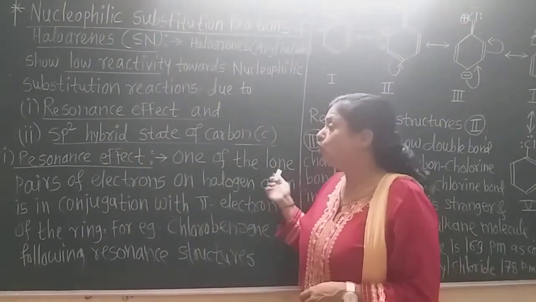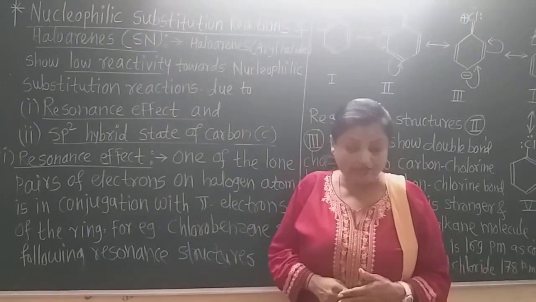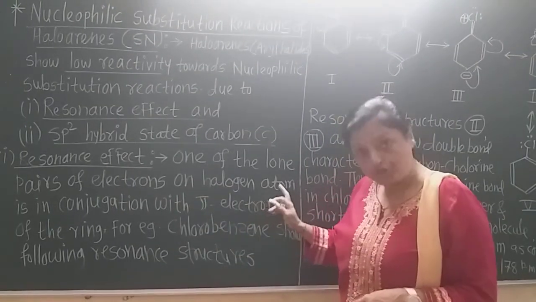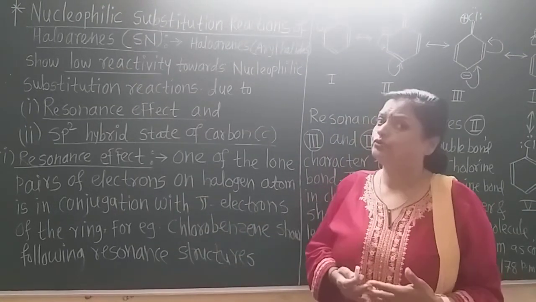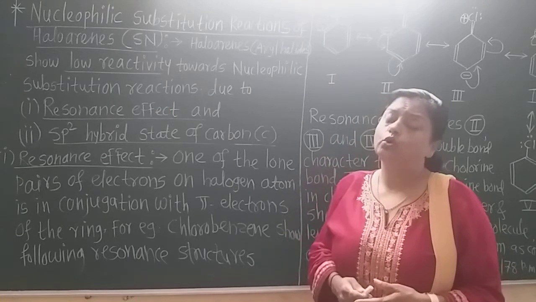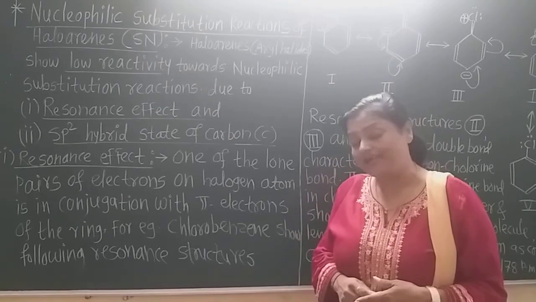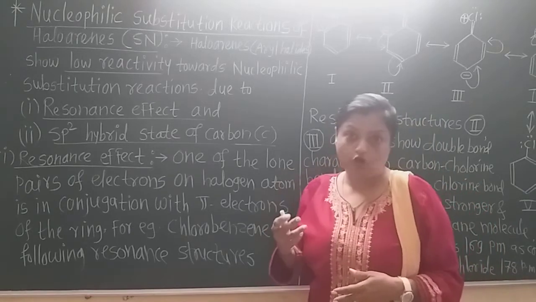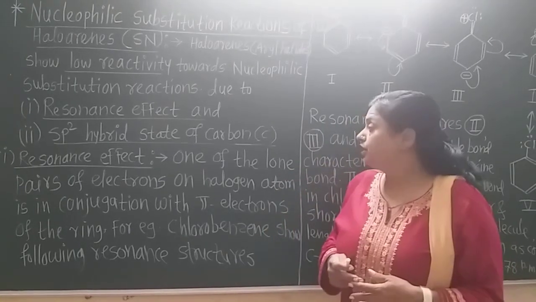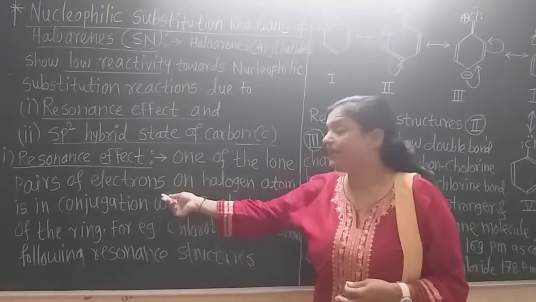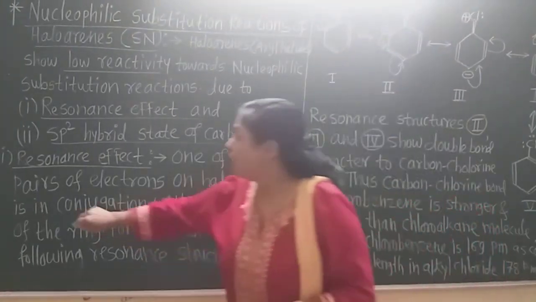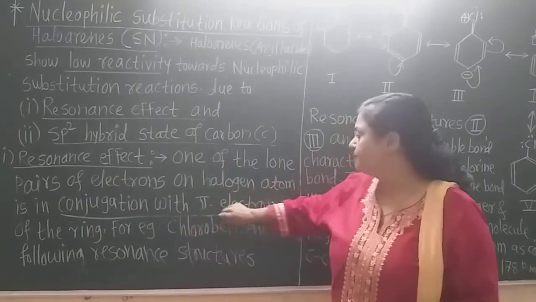I already told you that one of the lone pairs of electrons on the halogen atom, every halogen atom has 3 lone pairs of electrons, and one is used for the formation of bond. Now one of the lone pairs of electrons on the halogen atom is always in conjugation with the pi electrons.